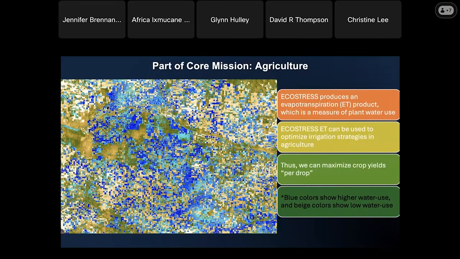And so in this panel, you can see the level of detail that can be provided via ECOSTRESS data, which allows us to resolve estimates of ET at field scale, which has been shown to be very relevant for our agricultural end users.